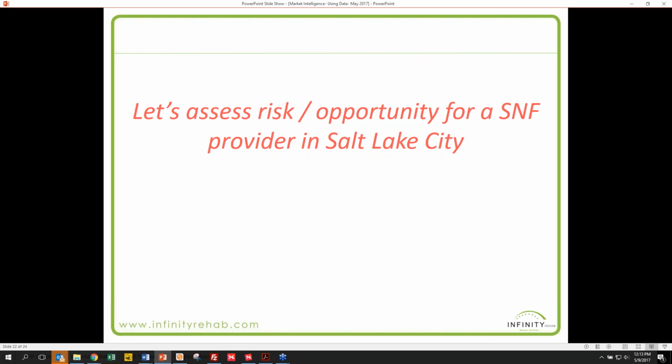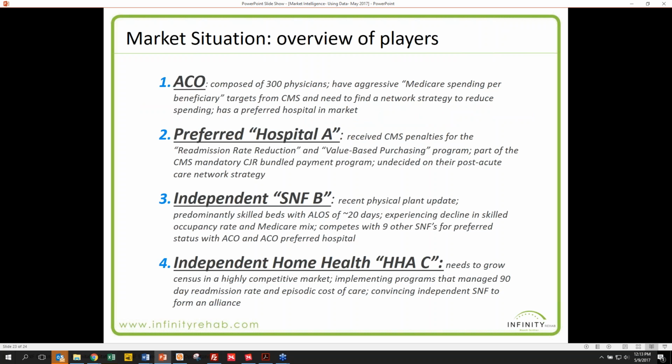To really show how the data can be used, let's do a case scenario where we have a SNF provider in Salt Lake City who is faced with this situation and would like to know what their options are in this market given their market conditions. The market conditions: one of their primary providers, an ACO with 300 physicians, has very aggressive Medicare spending per beneficiary targets.